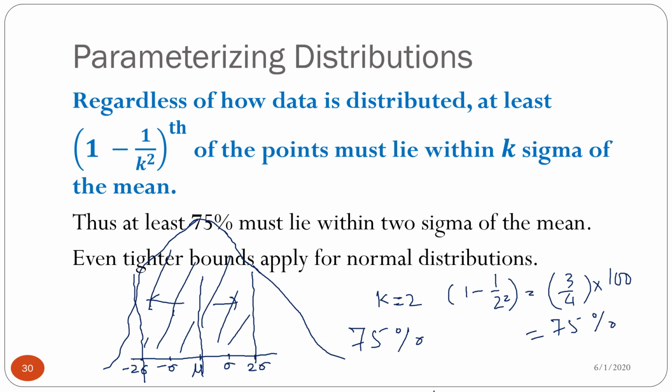Alright, so that is a general result actually, which highlights the fact that your mean as well as the standard deviation are sufficient to tell about your distribution. Okay, and this is a general result.